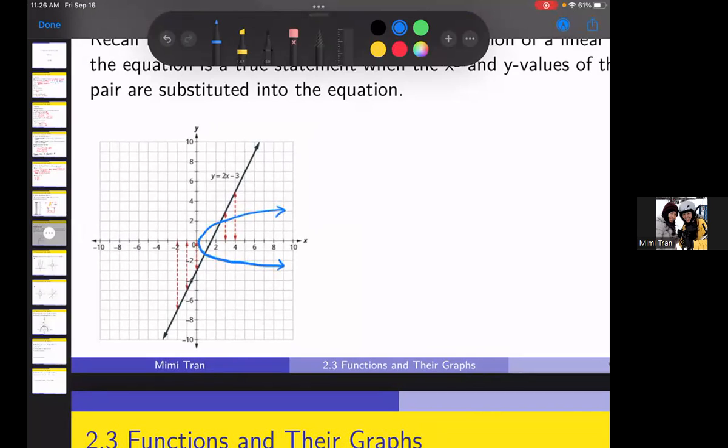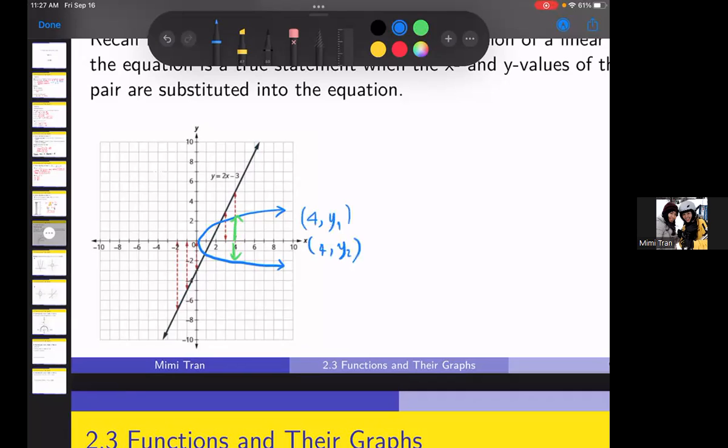Is this a function or not? Very good. Why? Yeah, x is repeated, right? If I told you when x equals 4, you project upward, there are 2 y values, so 4, y1, and then another 4, y2.